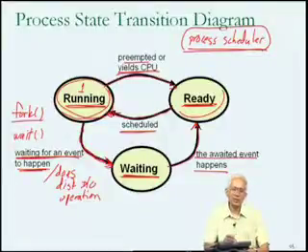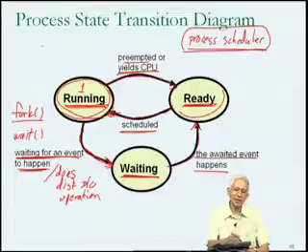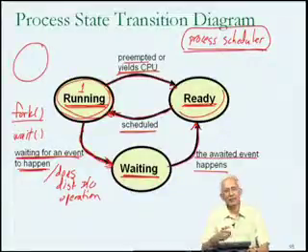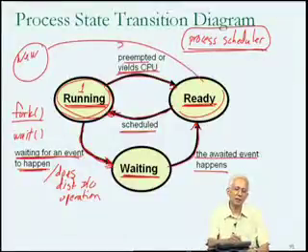Therefore, a fork operation is likely to take a fair amount of time. So, if the process which is running is doing a fork operation, the new process which comes into existence may come into existence in another state from which it might later on move into the ready state. So, there could well be a state called new process, and it might get entered into because of a fork system call.